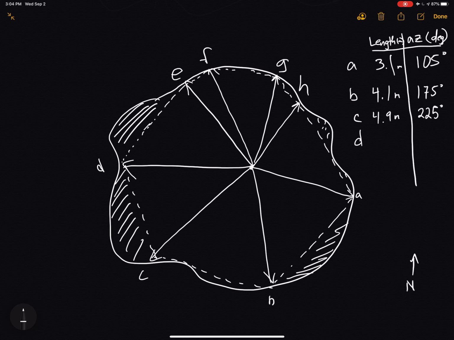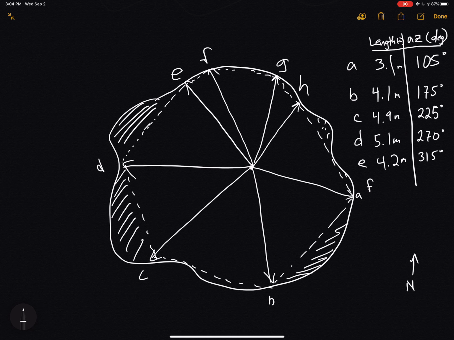D is going to be 5.1 meters at about 270 degrees, or let's call that due west. E is going to be, let's see, 4.2 meters, approximately going northwest in this case, so that'll be 270 plus 45, or 315 degrees.